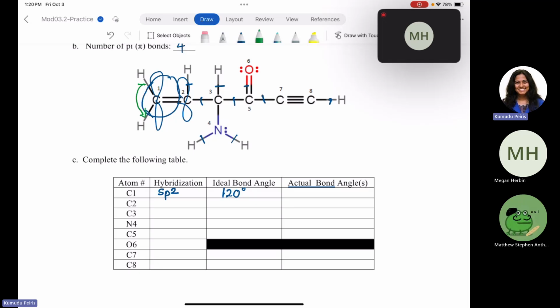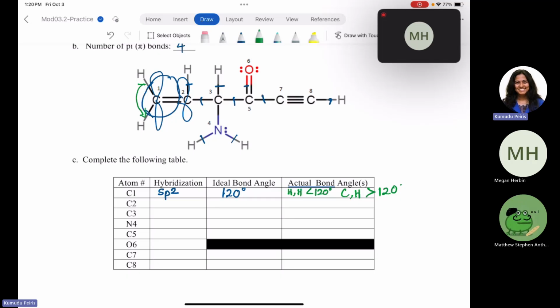Therefore, the bond angle between the hydrogen and hydrogen would be less than 120, but the bond angle between carbon and hydrogen will be slightly greater than 120 degrees.